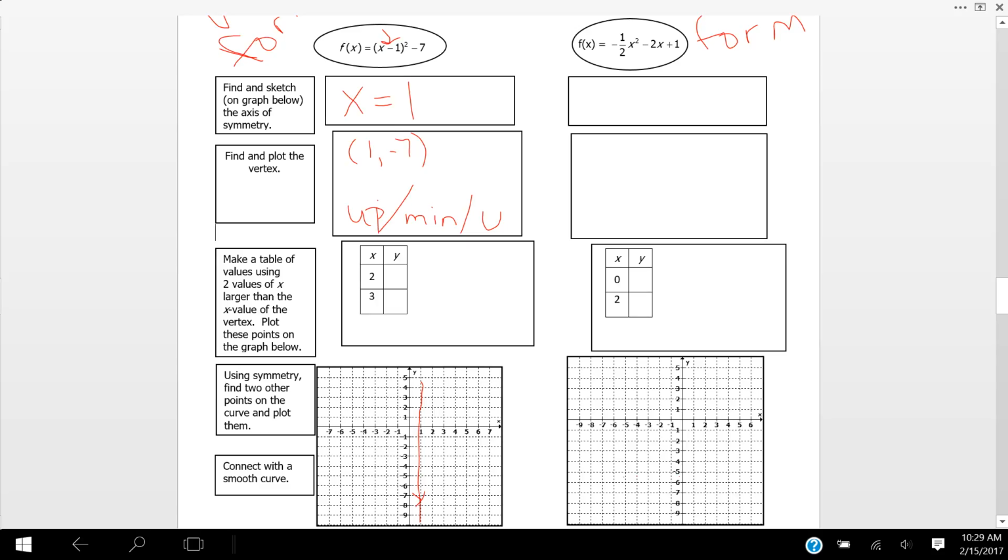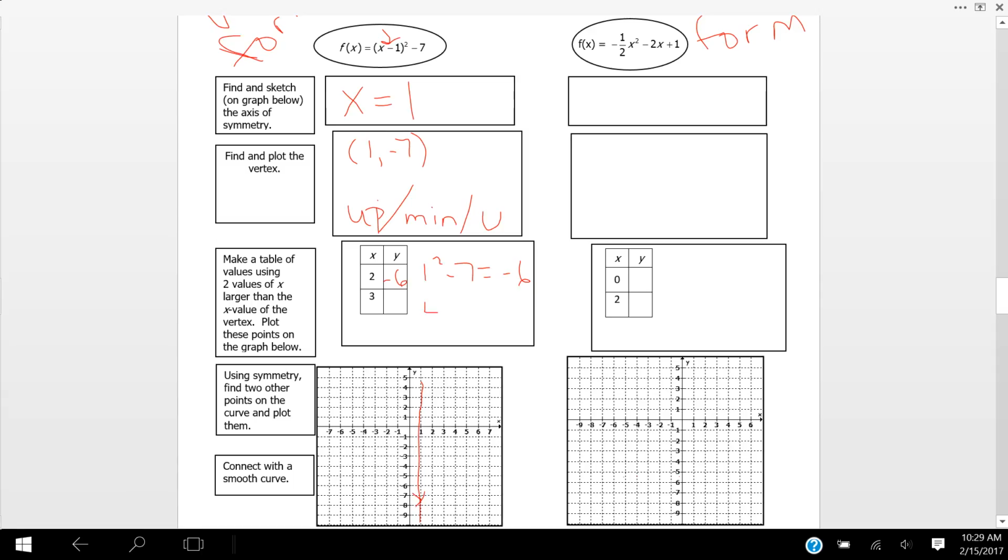That's much better. Okay, so I'm taking 2 points, my 2 and my 3. I'm going to substitute them into my equation and solve for y. So my first one's going to be 2 minus 1, which is 1 squared, minus 7 is -6. So 2, -6 is a point. And then I'm going to put in a 3. 3 minus 1 is 2.